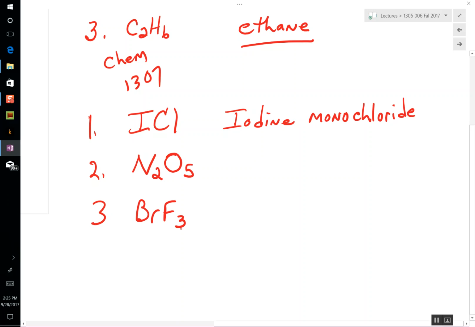Now here is a compound being made up of two halogens. We've got bromine and fluorine. Bromine trifluoride.